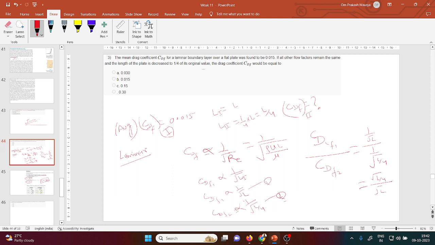Root L cancels, only root 1 by 4 remains, so 1 by 2, that is 0.5. So CDF1 divided by CDF2 equals 0.5.